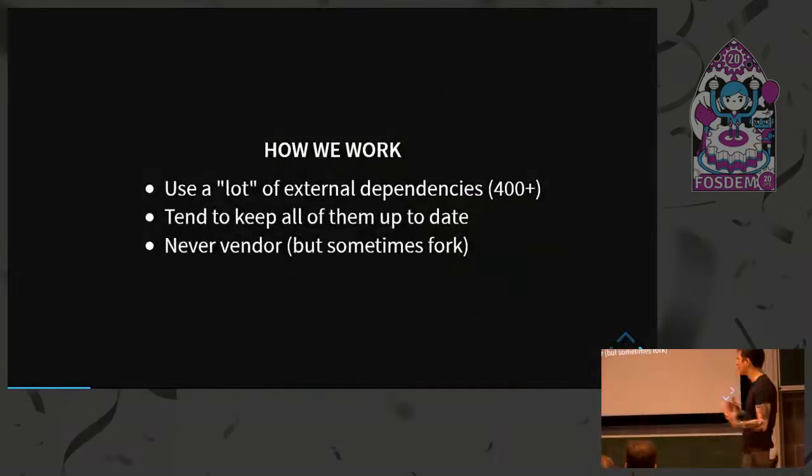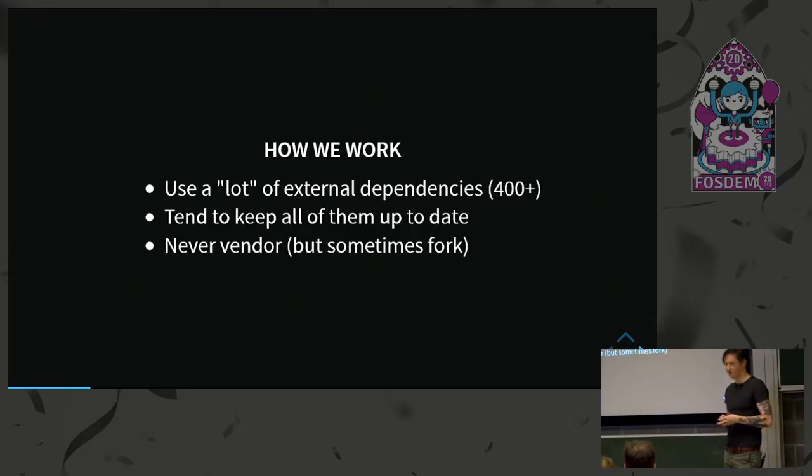Going back to game development, when we started the company, obviously most game development is done in C++, so going to Rust was a big thing that we wanted to do. One of the motivating factors was using this amazing crate ecosystem. So we use quite a lot of external dependencies on our main primary project, right now about 400 plus.